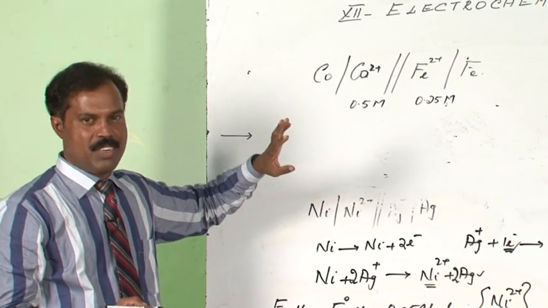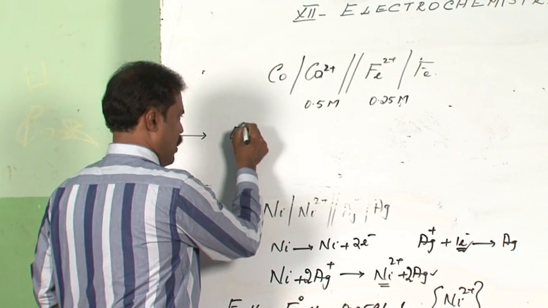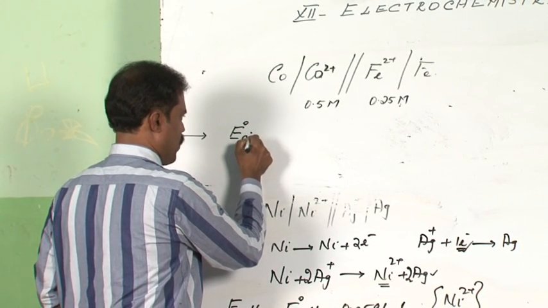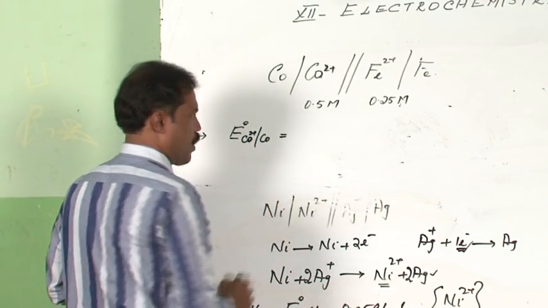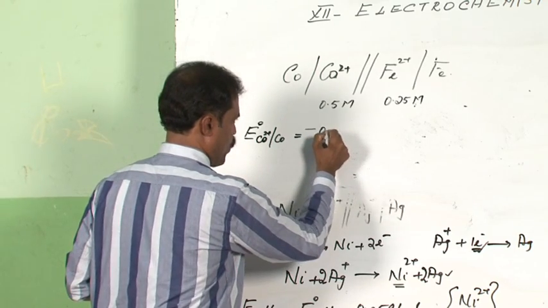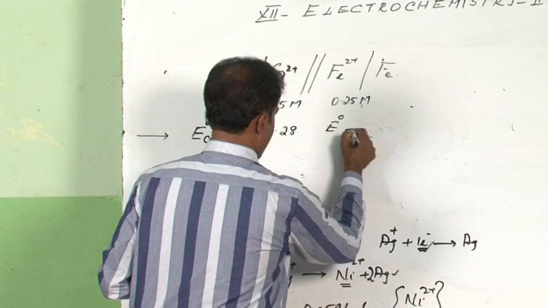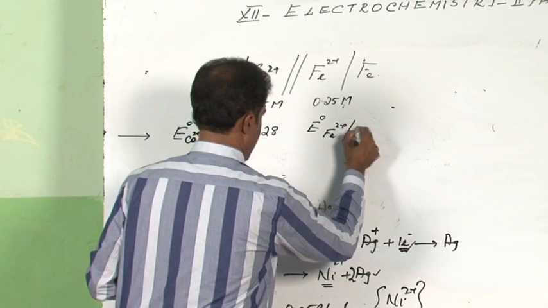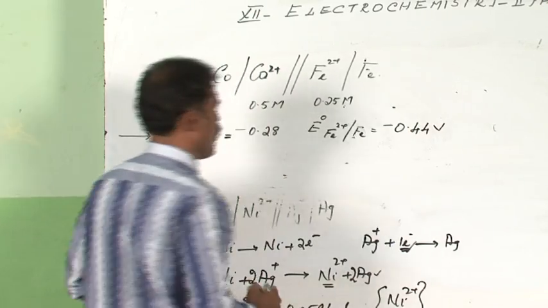So what you do, you have to take the E0 values of both the half cells from the electrochemical series. The E0 value of cobalt is minus 0.28, E0 value of Fe2+/Fe is minus 0.44 volts.